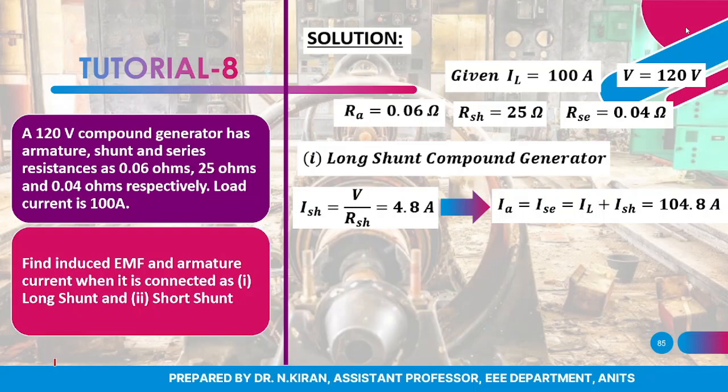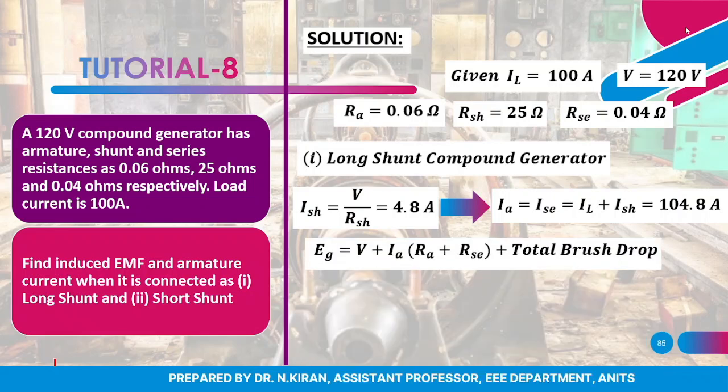Upon adding those two values, that will give me around 104.8 amps. Next, generated EMF, we know the formula: V plus IA into RA plus RSC plus total brush drop. Here nothing is mentioned about brush drop, so its value is 0. Upon substitution of all the values, it will give rise to EG around 130.48 volts.